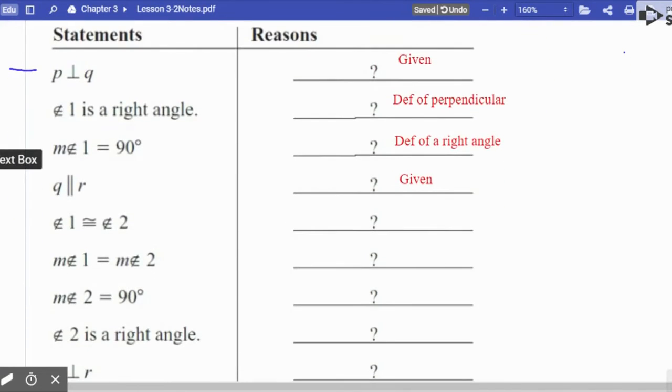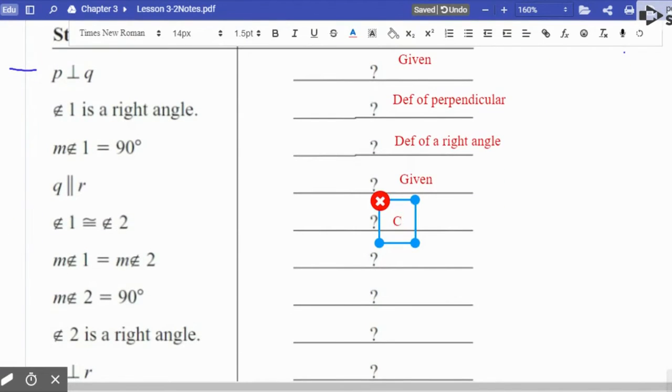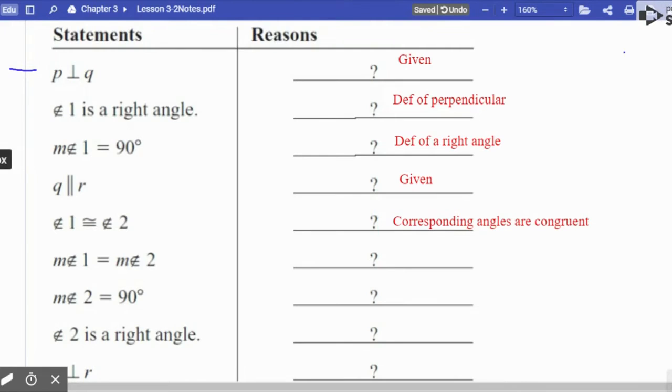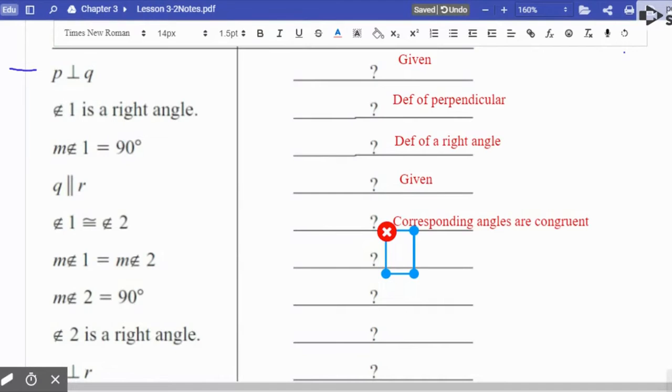They're congruent because they are corresponding angles. If angle 1 is congruent to angle 2, that means angle 1 equals angle 2. That's the definition of congruent.